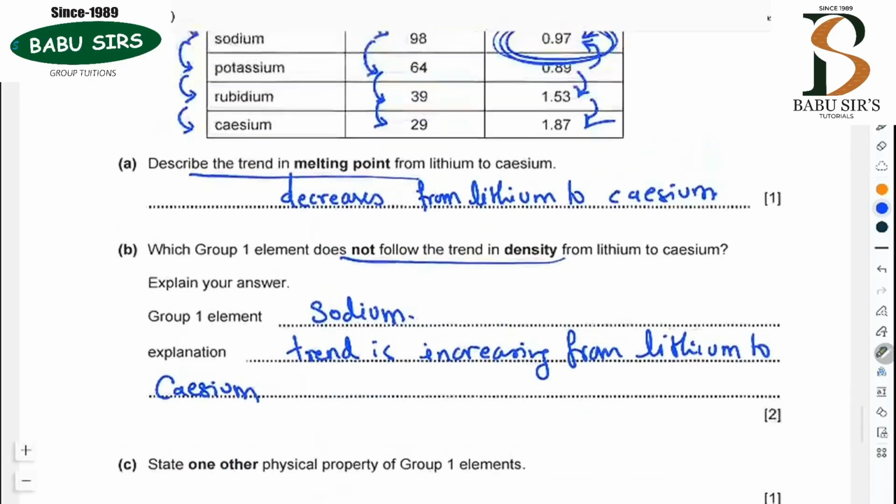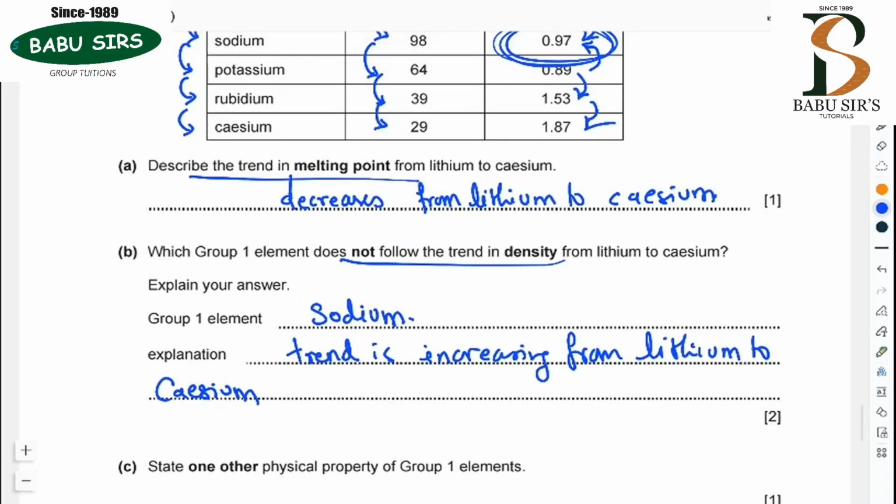Now only at one place, from sodium to potassium, it is showing a reverse effect.